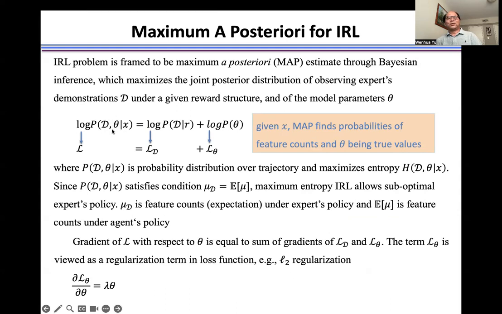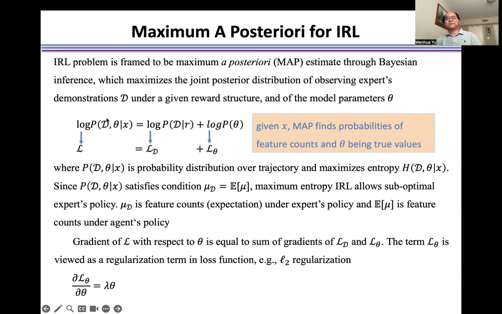If we view this as the posterior through Bayesian theory, then we can use the expert demonstration data to train the model, find the convergent theta, from theta calculate R, and from theta we know the agent policy is close to the expert policy.